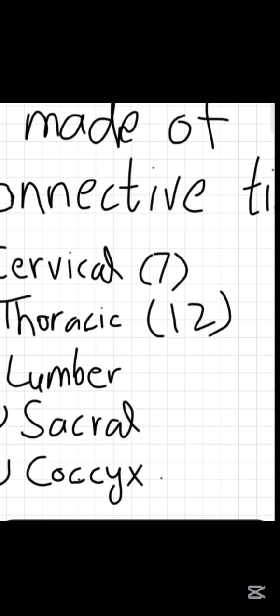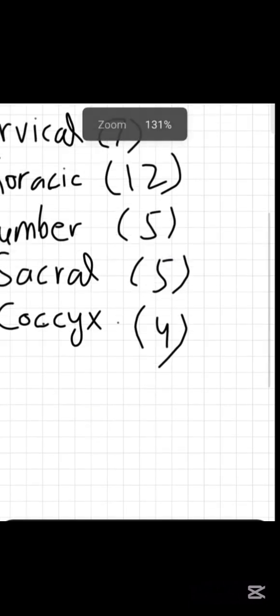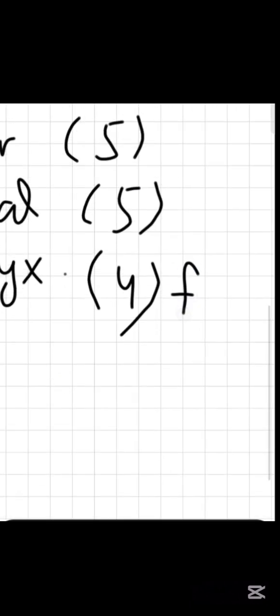The lumbar region is below the thoracic region and consists of five bones. Sacral and coccyx vertebrae are present at the hip joint, below the lumbar region. The sacral are five in number, and the coccyx has four vertebrae, which are fused.